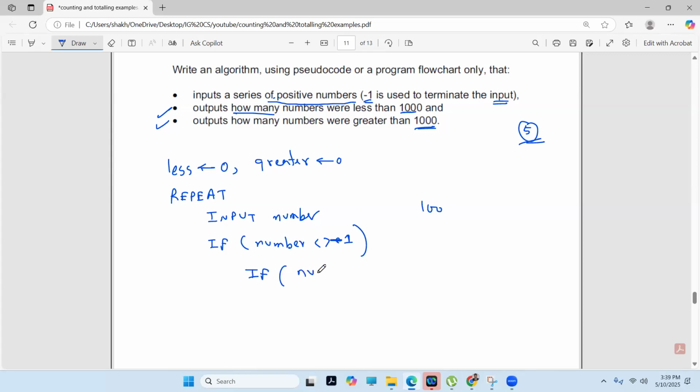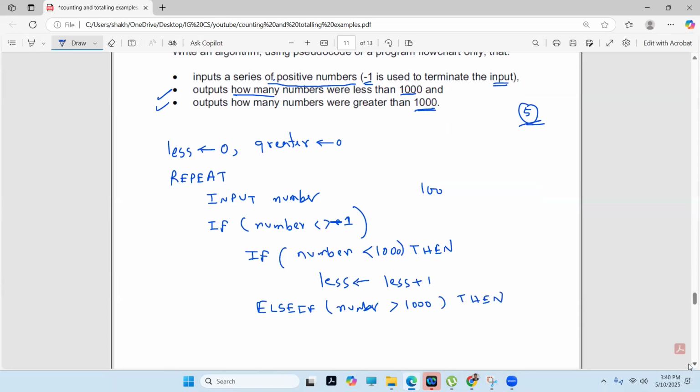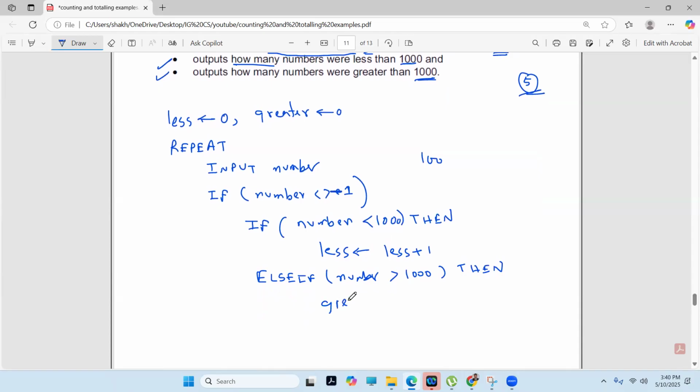So if the number that I input is less than 1,000, then less will increase by 1, less plus 1. And here else if the number that I input is greater than 1,000, then greater will increase by 1.